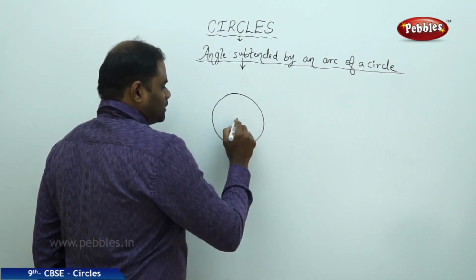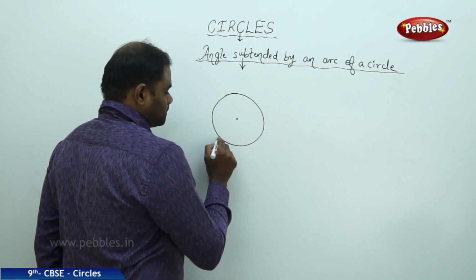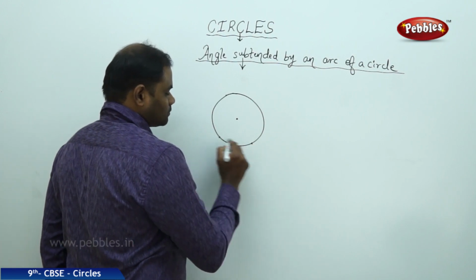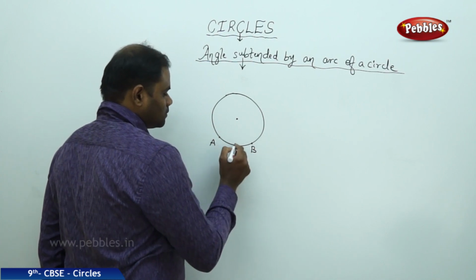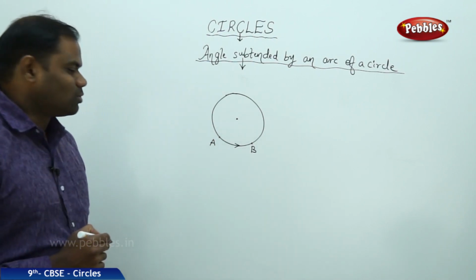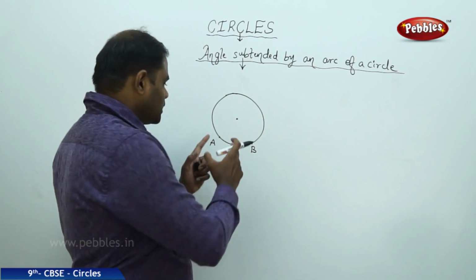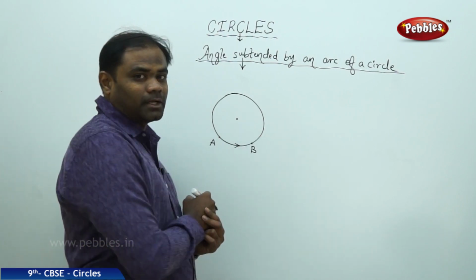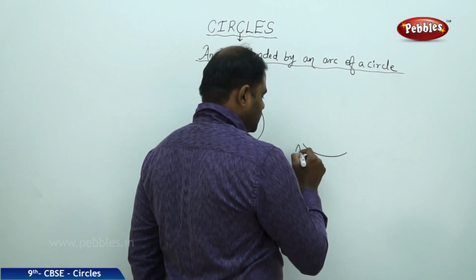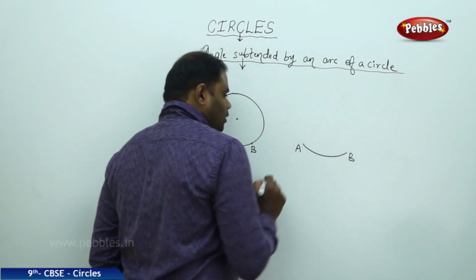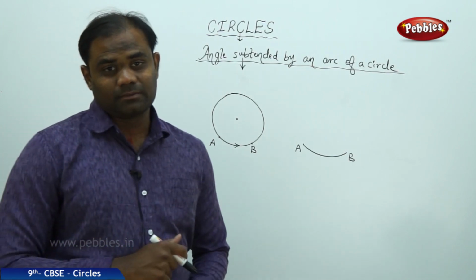For example, the arc from A to B is how I take. So I take the part of the circle that is an arc from A to B, and I want to know this arc AB of the circle, what angle it makes with the center.